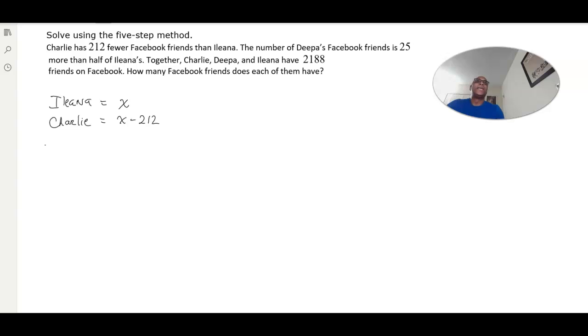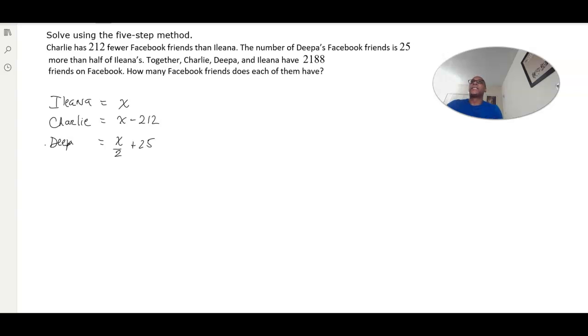And then Deepa's friends is 25 more than half of Ileana's. So it's X over 2 plus 25, right?